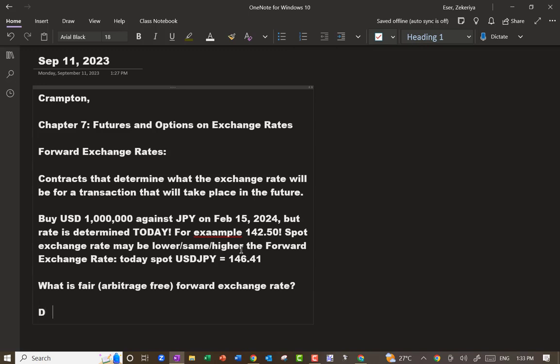Now, I'm gonna generically think of a domestic foreign exchange rate. The currency that's listed as the first currency, we're gonna call domestic. The second one, foreign.